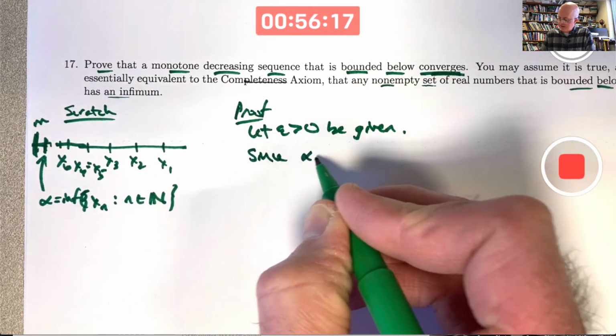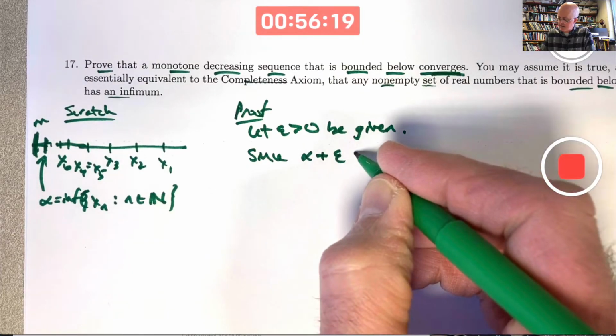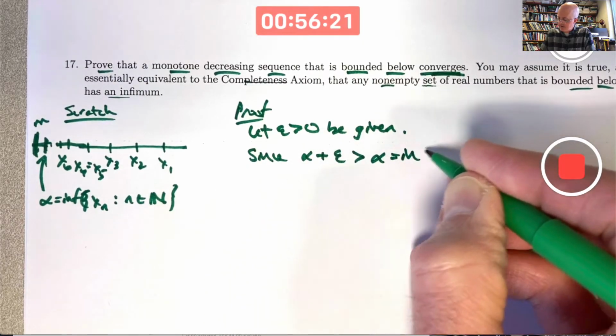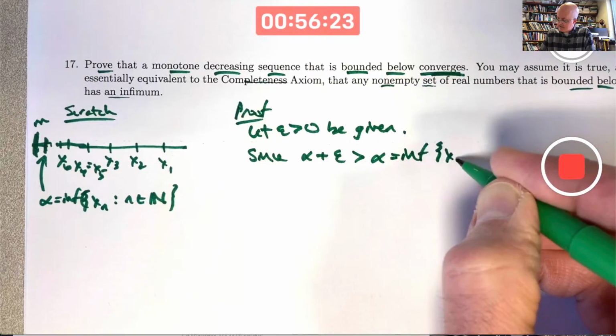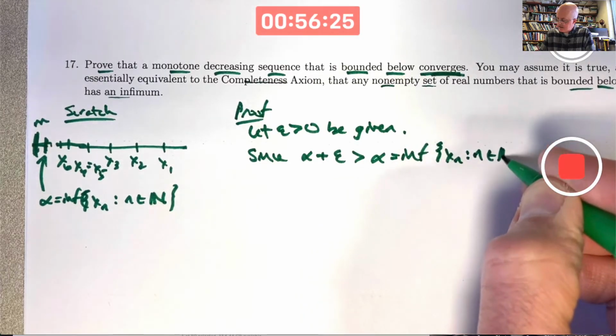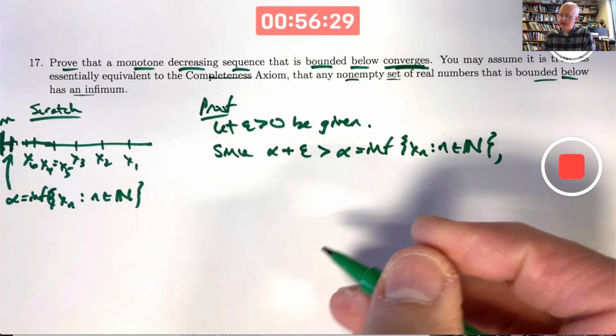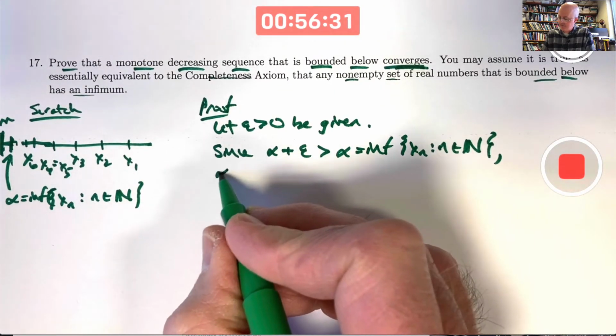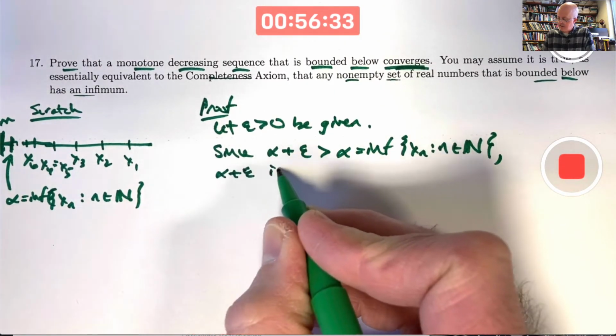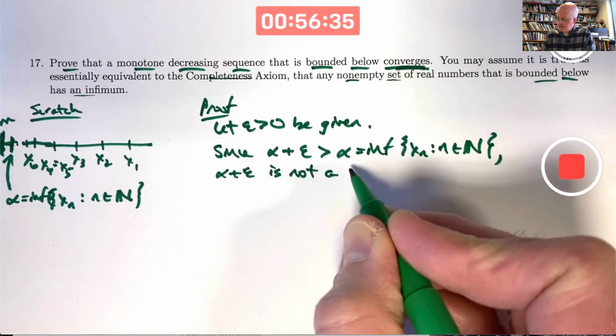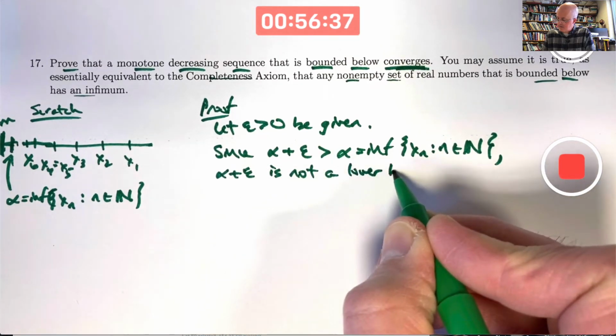Since alpha plus epsilon is bigger than alpha, the inf of this set, it's not a lower bound of the set. What do I need to do?